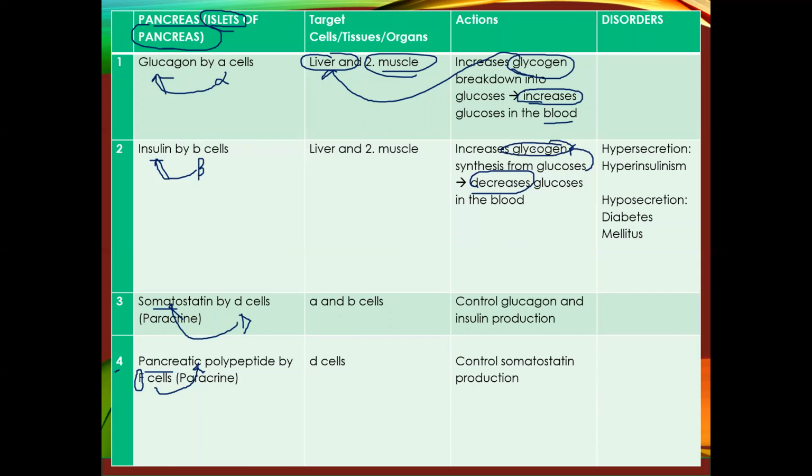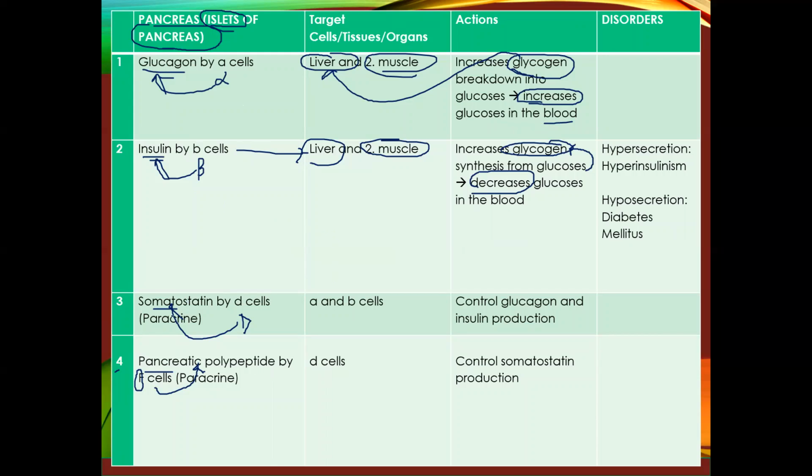Where is this process happening? Of course, in the liver and muscle, because liver and muscles are the storage for glycogen. So the insulin targets will be liver and muscle, the same as glucagon.